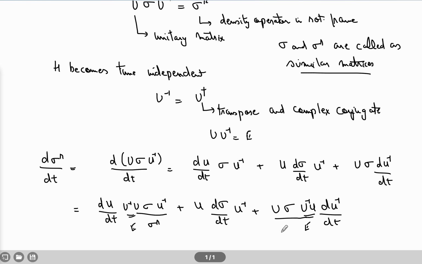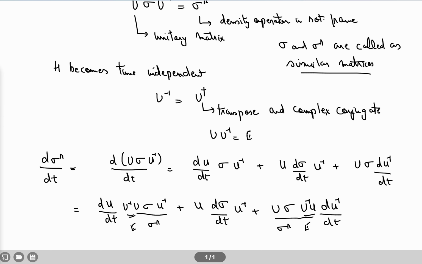So then my d sigma r/dt becomes, it's a simple calculation, nothing fancy about it, dU/dt U inverse sigma r, right? So I can write this part as sigma r. Similarly, this part will be written as sigma r here, right?